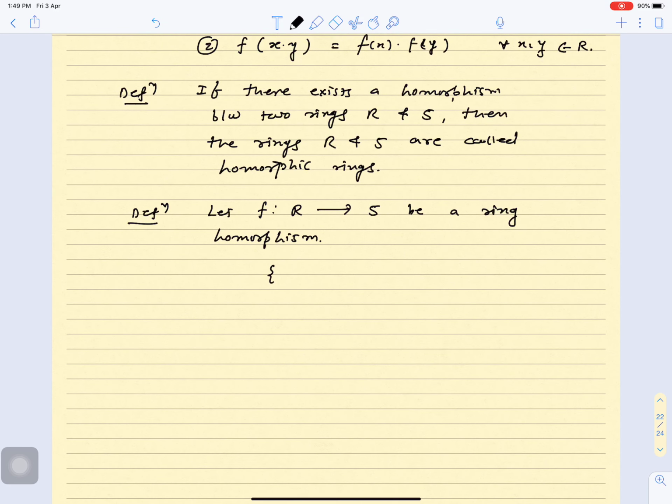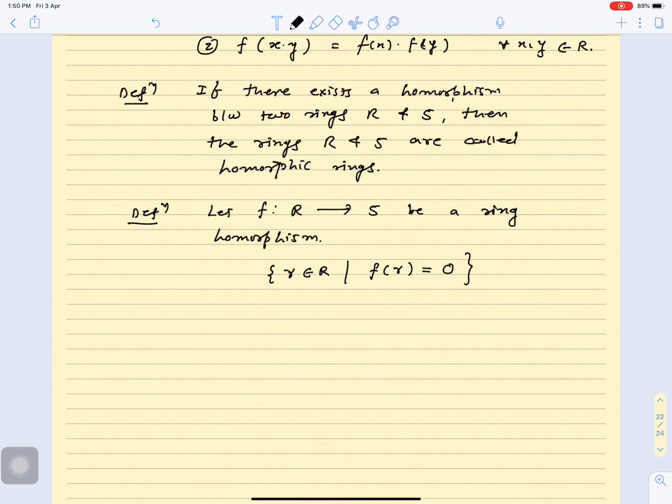Now you consider those elements r belonging to R such that its image under f, f(r), is equal to the 0 element of S. So those elements in R which map to 0.